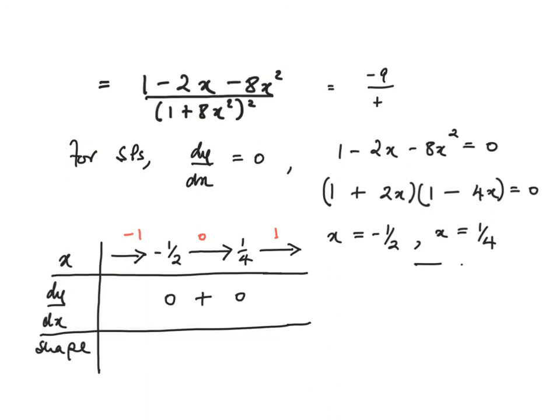So negative over positive is negative. When we take the value minus 1, we've got 1 plus 2 minus 8, so that's negative as well.